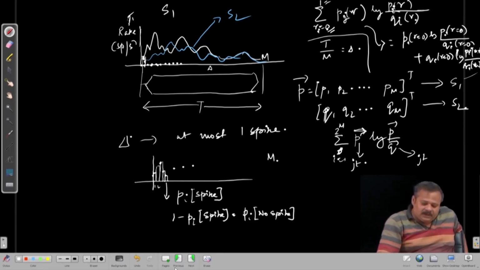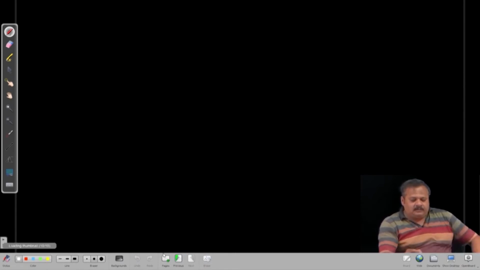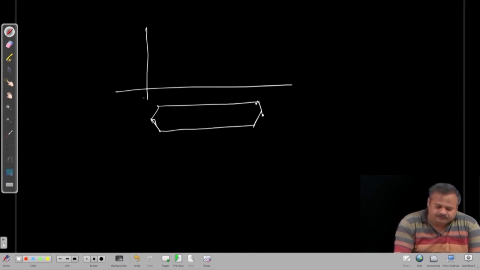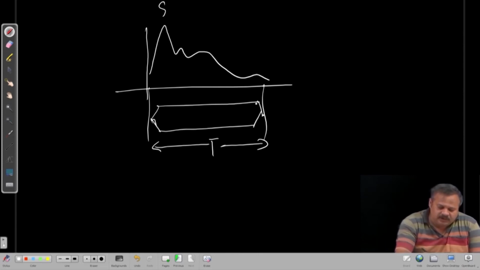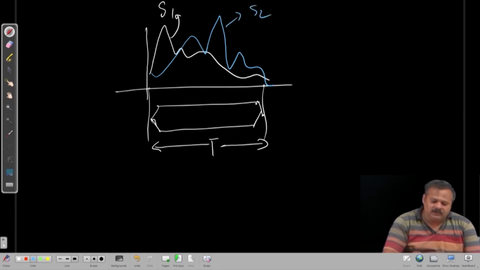However, if we now say that there is dependence, then again, this is the stimulus, and this is the entire duration capital T. We have the PSTH in response to stimulus 1, which is here, and let us say we have some other response to stimulus 2, which is the PSTH.